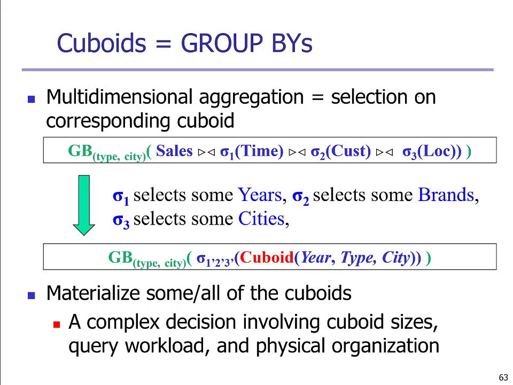In SQL queries, it's called group by, but in a data warehouse, it is essentially cuboids. So multi-dimensional aggregation is essentially equal to selection on the corresponding cuboids.